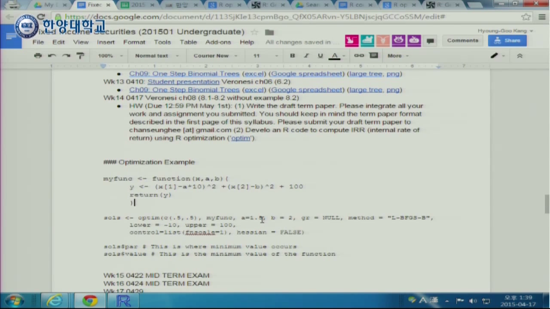And then when you compute the internal rate of return, there are 2 ways. You can write the usual discount factor as 1 over 1 plus R to the power of 2 or 3, something like that. That is one way. A more professional way is, as you know, using an exponential function. Actually, using an exponential function, the optimization converges more smoothly. That's numerically more stable.